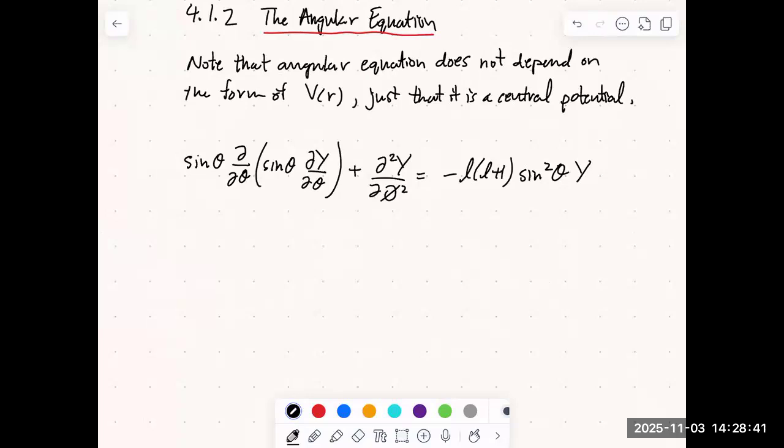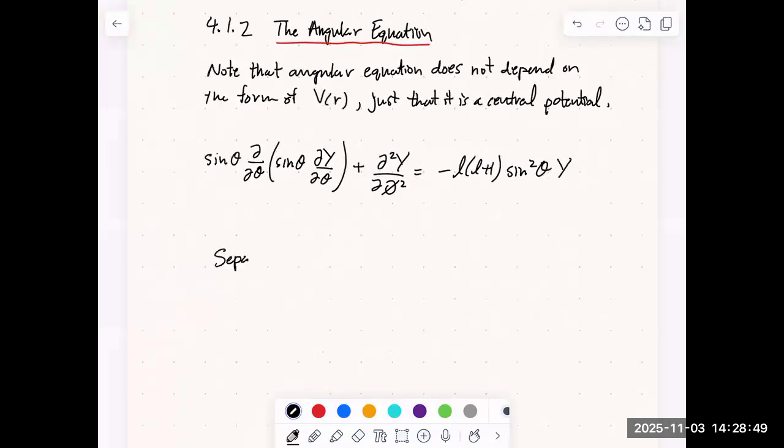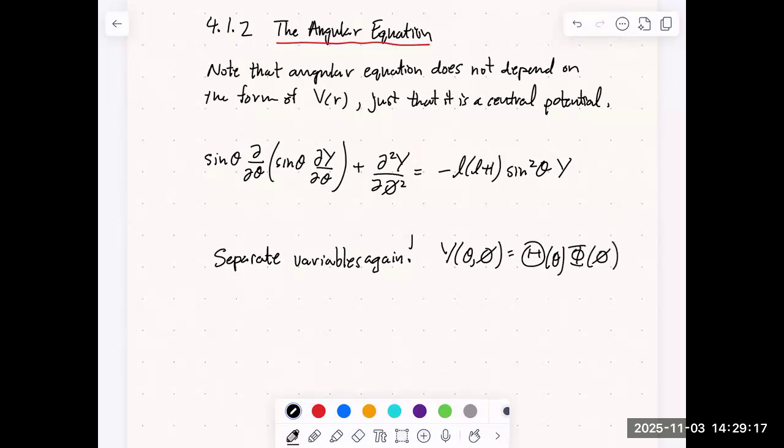So to simplify, we're going to do our favorite trick again. We're going to separate variables again. So Y is a function of theta and phi, and we're going to say that's equal to some function capital Theta of little theta times another function capital Phi, which depends on little phi.